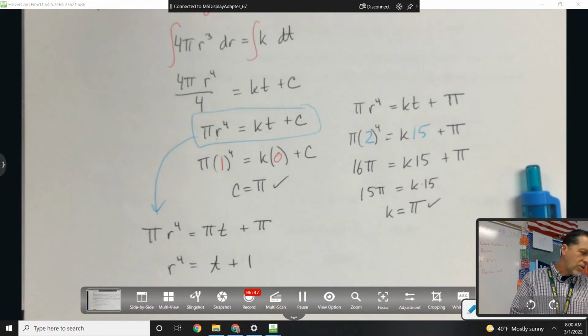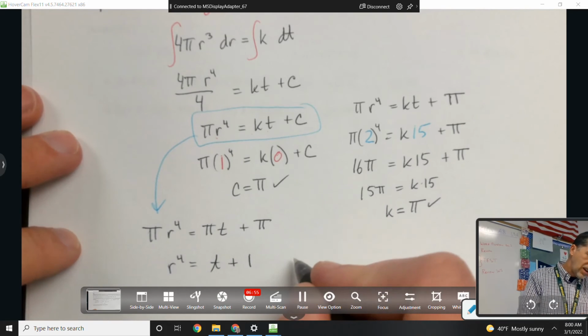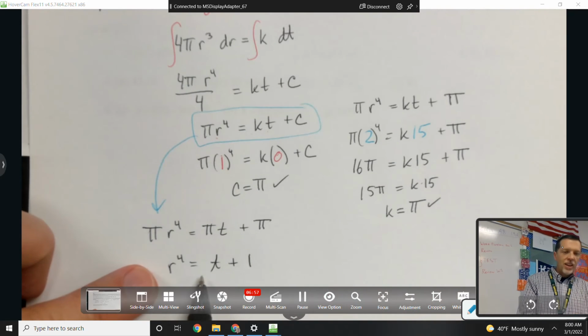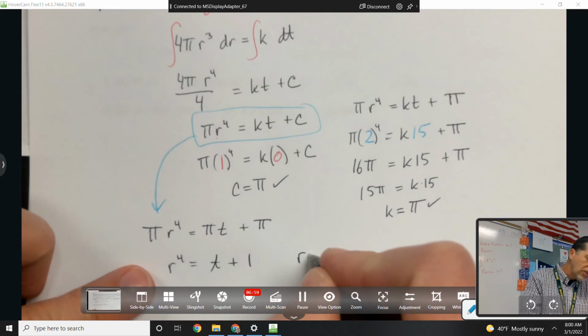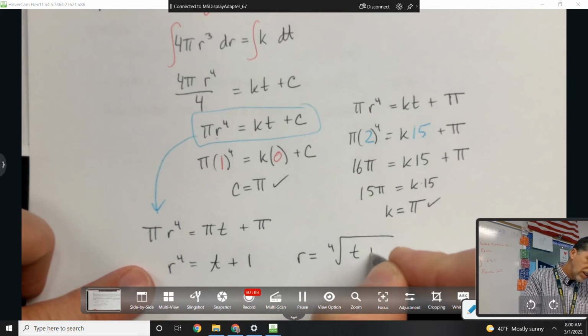And the question was, find the radius of the sphere as a function of t. Okay, well I don't have it as a function yet, so I need to solve for r, the fourth root of t plus 1.